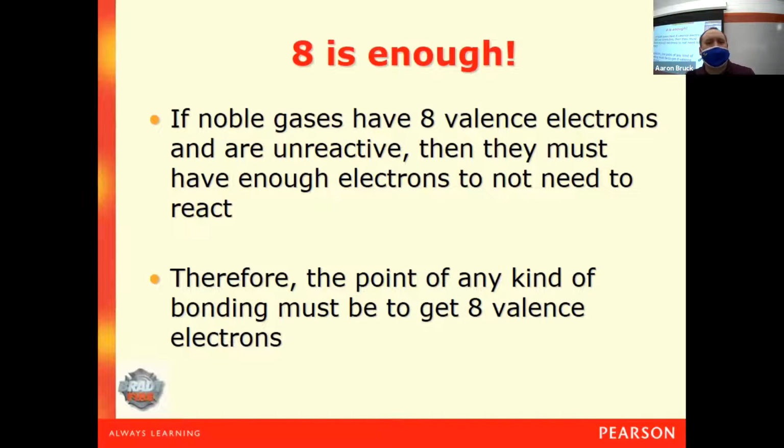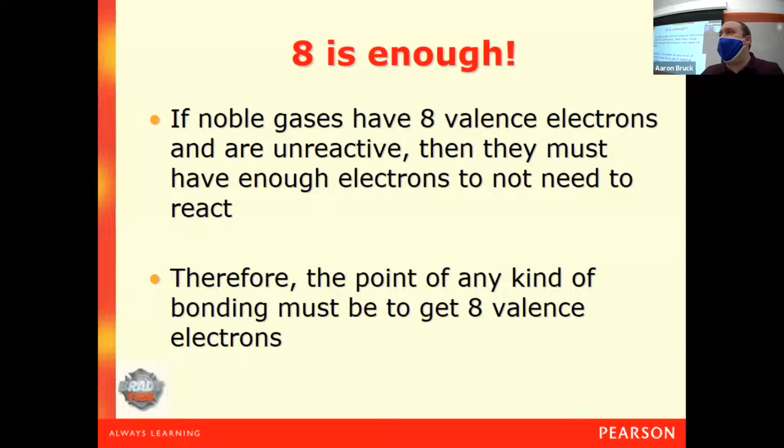If the noble gases with their 8 valence electrons are unreactive, that must be the goal of chemical bonding. 8 electrons is sufficient to be stable. And so the point of any kind of bonding, whether it be ionic bonding or covalent bonding, is to get us to those 8 valence electrons.